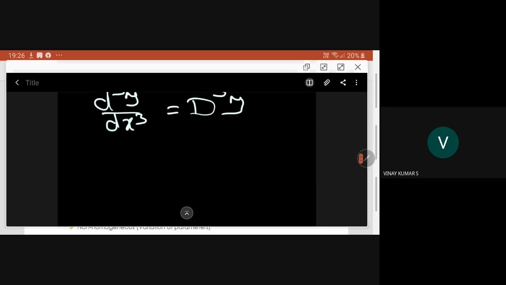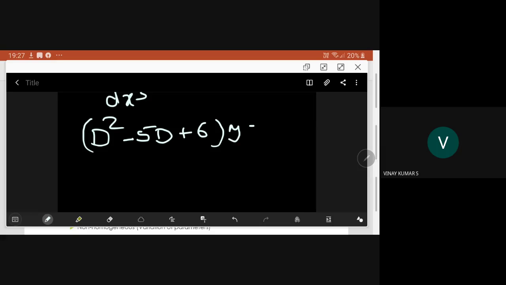So now we have some examples of differential equations. Our first example is D square minus 5D plus 6y is equal to 0. I will explain what we mean by this.